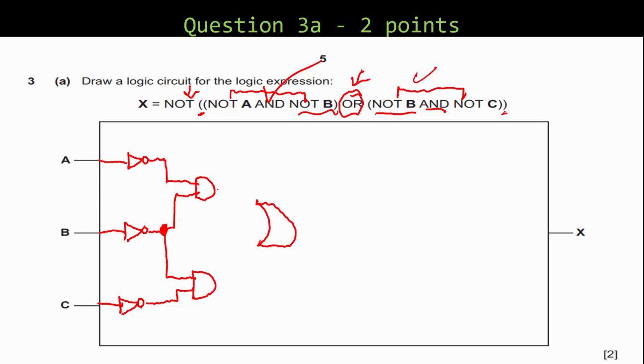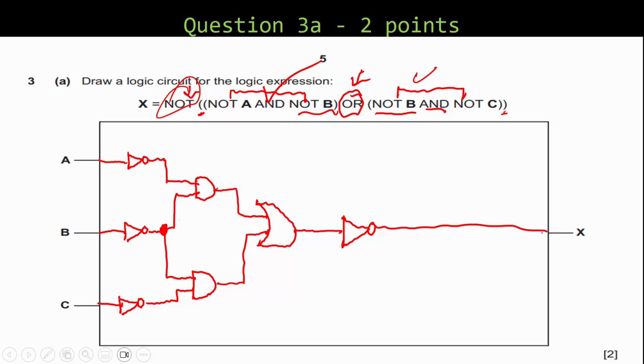Then I'm going to bring that value from both AND gates because those results are ORed together. Now that takes care of all my parentheses. The last thing I have is this not on the outside. I draw another not gate, make sure it's an open circle, connect it, and then just draw it out to this X. And just like that, we have picked up 2 points.